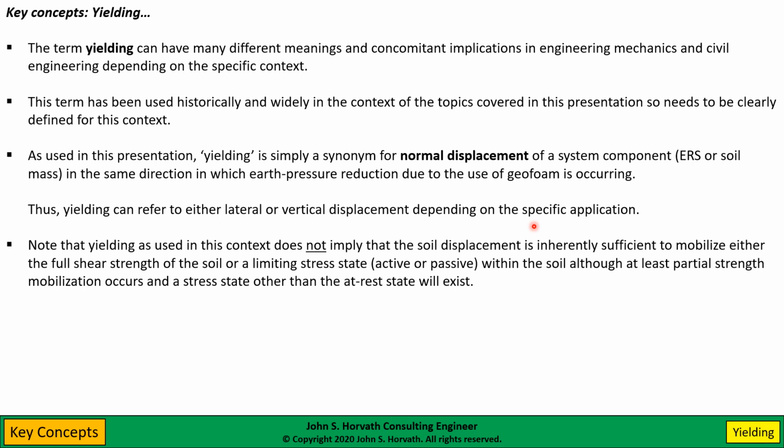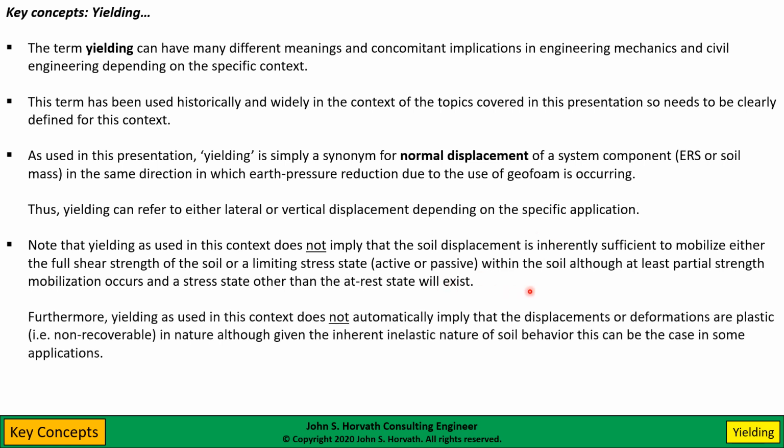And I'm emphasizing this because normally when we hear the term yielding in engineering mechanics or civil engineering, we think of a material or a system component that has, quote unquote, failed, has reached the ultimate limit state. So we also need to understand that yielding, as I use it in this presentation, does not imply displacements or deformations that are plastic or non-recoverable in nature.